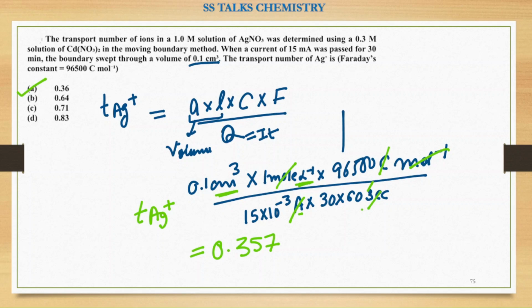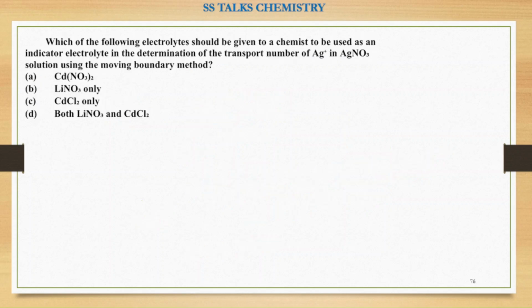Right, next we have this question. It says which of the following electrolytes should be given to a chemist to be used as an indicator electrolyte in the determination of the transport number of Ag positive in silver nitrate. So as I said, in the moving boundary method we have two electrolytes.